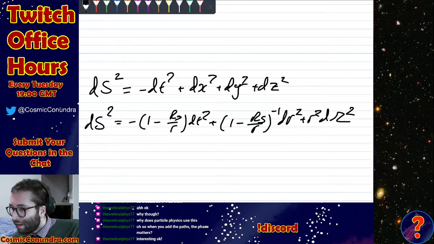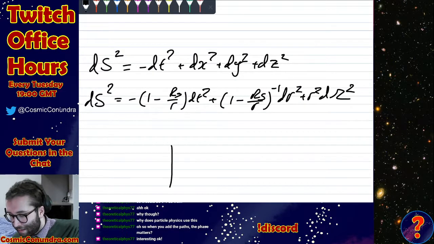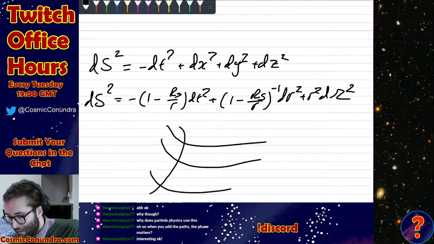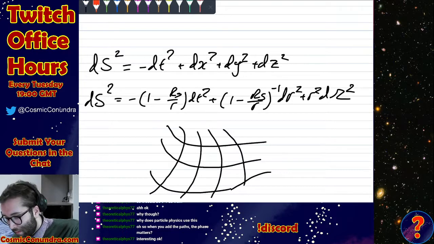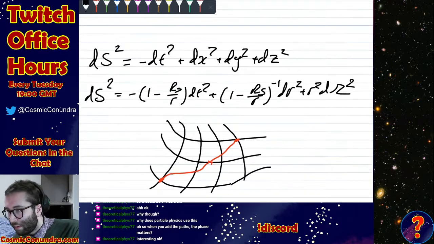Now the action principle takes a different form. It says that the proper time experienced by somebody moving through this curved space-time, the path that they'll take, is the path that extremizes the proper time they feel.